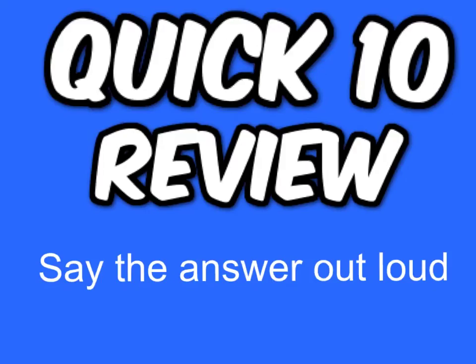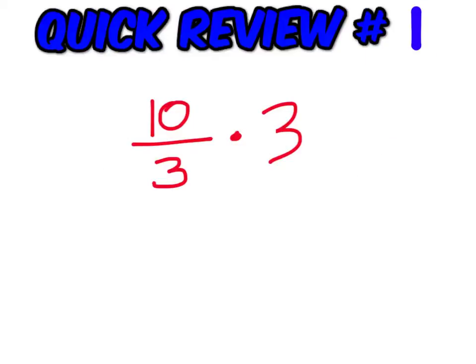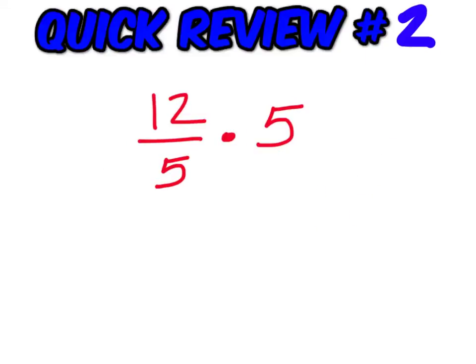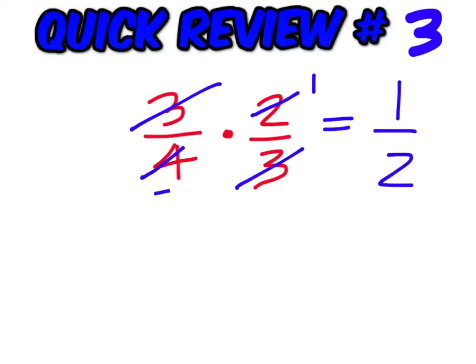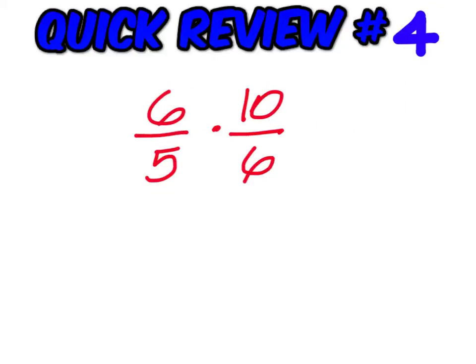Here's a quick review. What's the answer? 10, 12, not 2, not 1. 1/2 is right. These cancel out, and 2 over 4 is 1 over 2. 2.